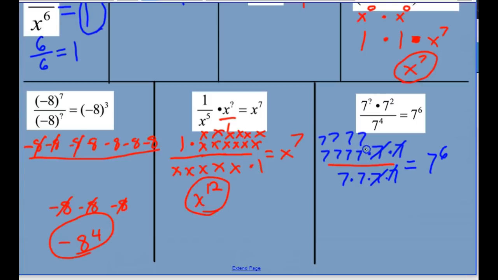So then if we cross off 2 more, so we get rid of these on the bottom, we're left with 1, 2, 3, 4, 5, 6. And that's what we got, 7 to the 6th power. So we know that our missing exponent is 7 to the 8th, because we put on 8 7s up here, so we could get rid of these down here and still get 6. So 7 to the 8th power.